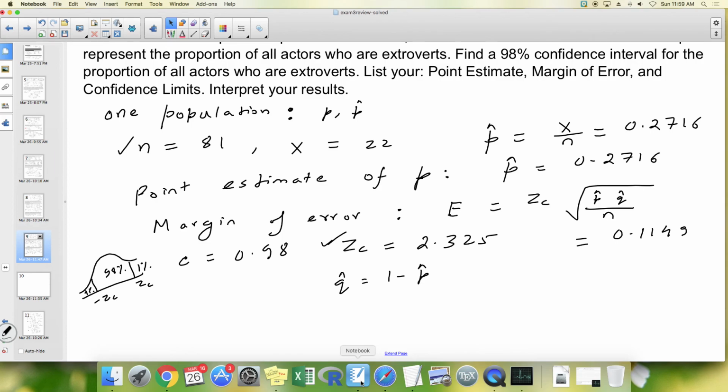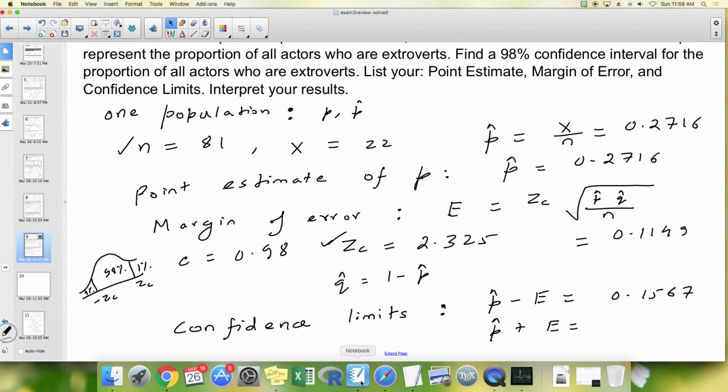Margin of error being done, we next have confidence limits, which are p hat minus E and p hat plus E. p hat minus E you can calculate to be 0.1567, and p hat plus E will be 0.3865.